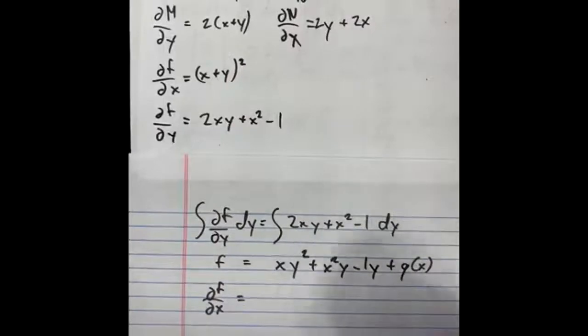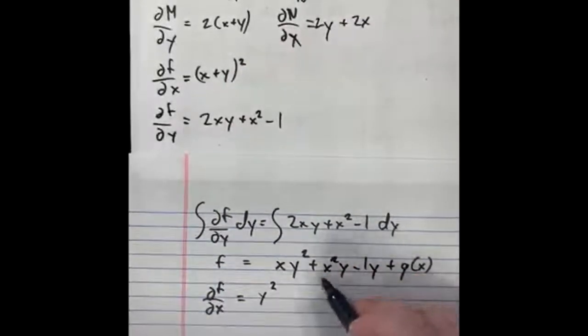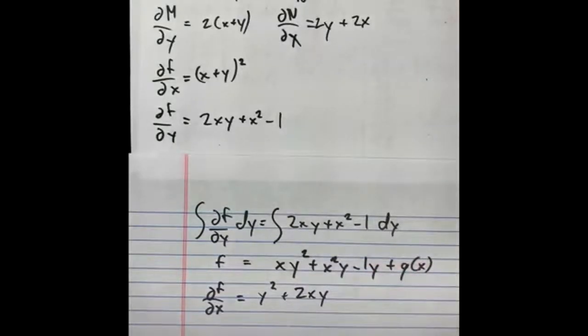So we get y squared, then x squared y, bring the 2 down, that'll be 2xy.